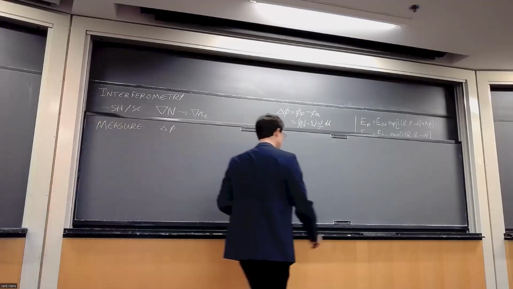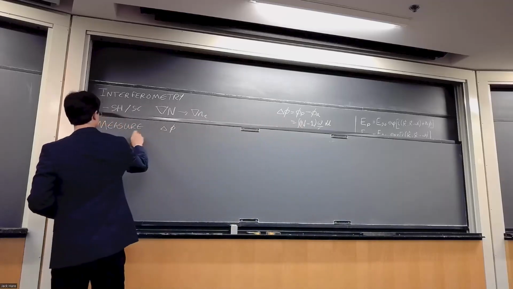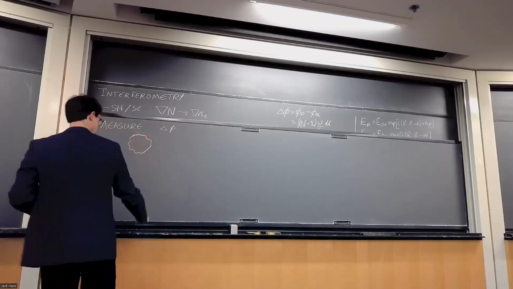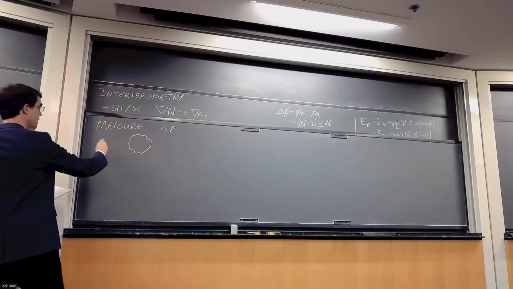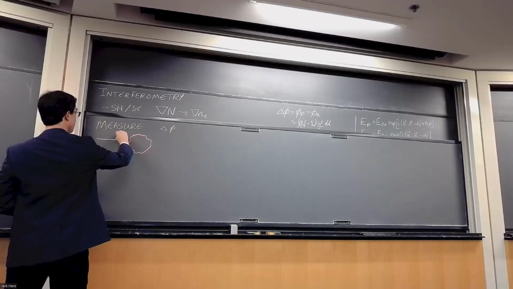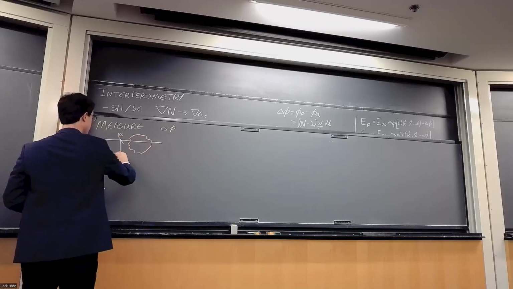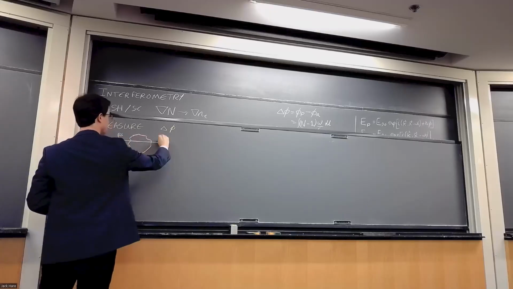So one configuration that we can use, which is quite popular, is something called a Mach-Zehnder interferometer. So we have our plasma here. We send our probe beam towards it. We put a beam splitter in, and we send half the beam through the plasma and half the beam around the plasma.